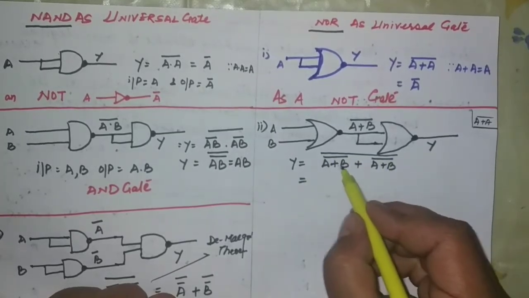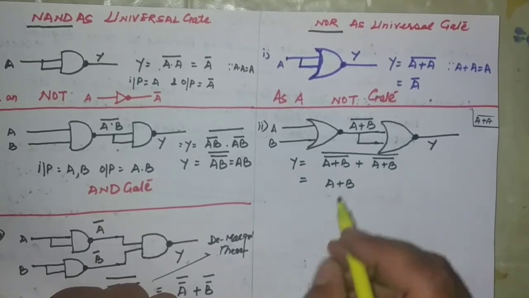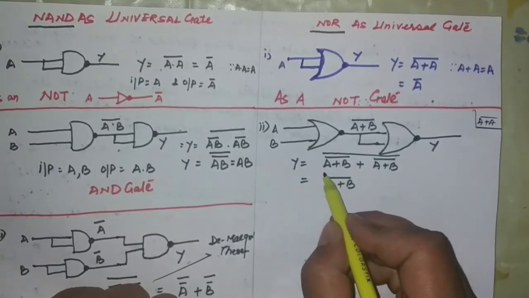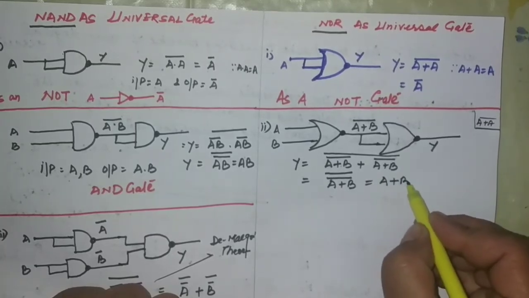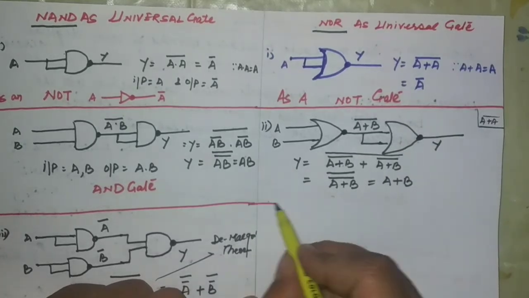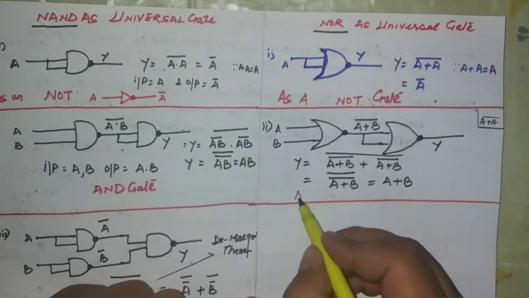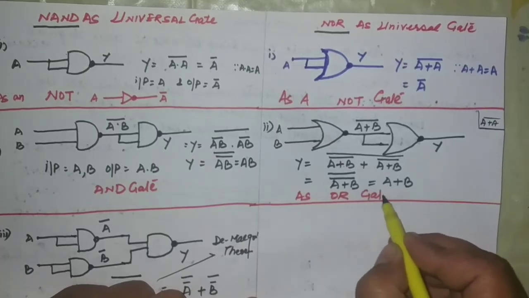So this is again A plus A is equal to A. So we can write it as A plus B complete bar, again bar. So there is no bar. It means this is A plus B. So this will behave like what gate? OR basic gate.